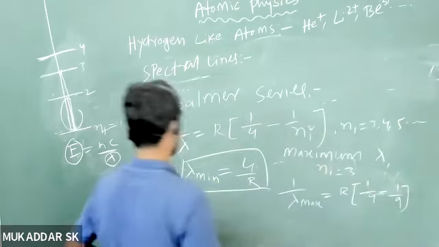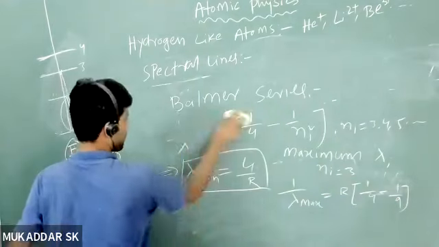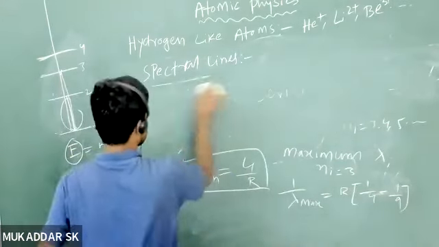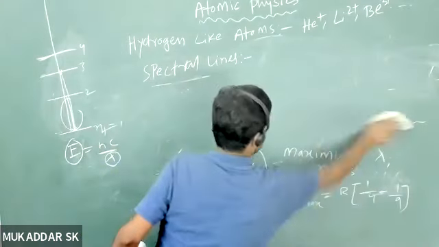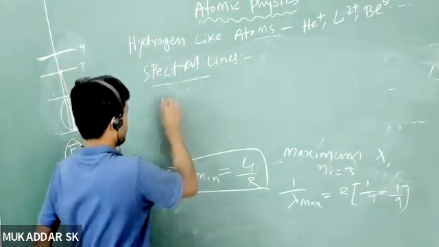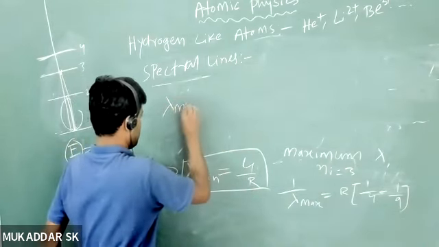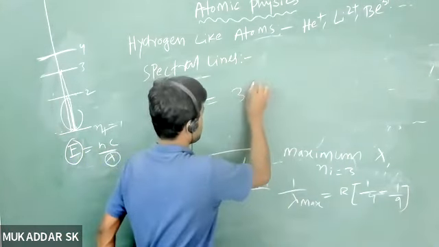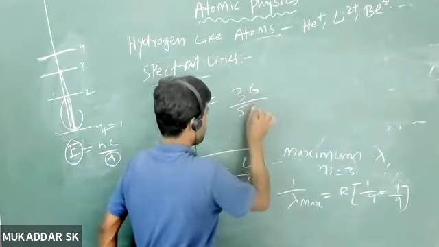If you solve it, how much will you get? Anyone in the class? So you will get lambda max for the Balmer series as 36 divided by 5R.